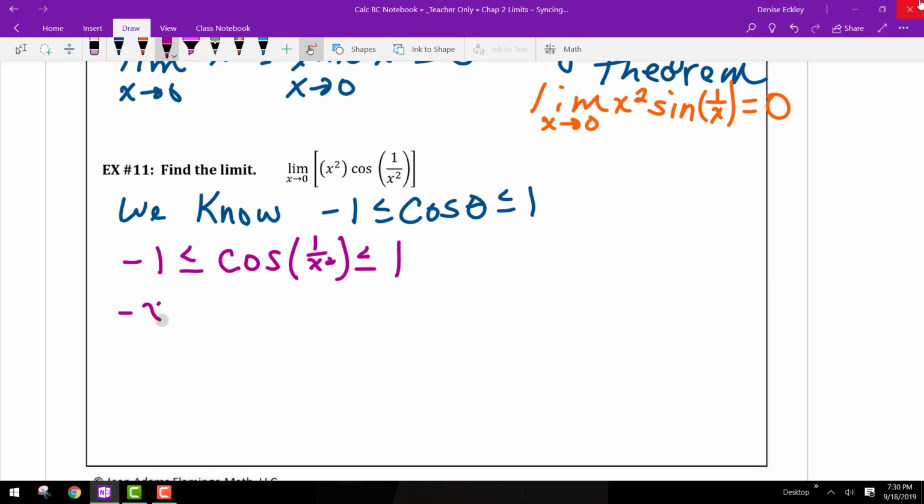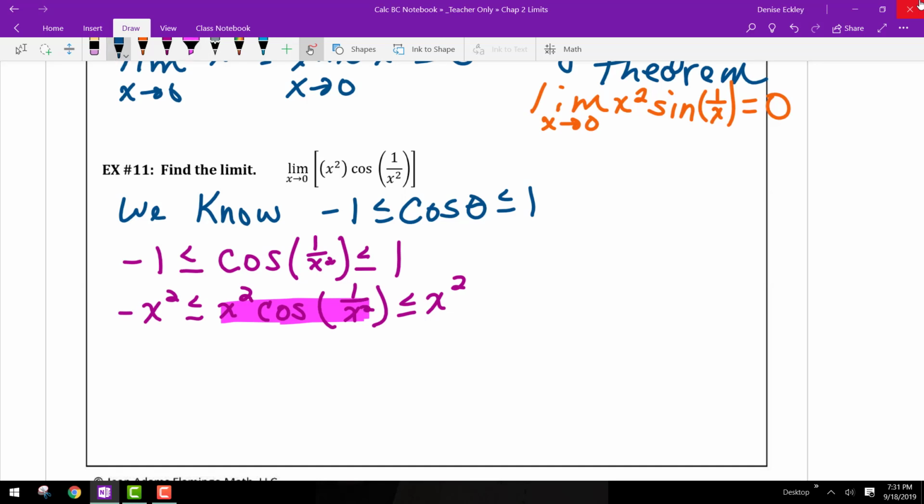And so we get -x squared less than or equal to x squared cosine 1 over x squared, which is less than or equal to x squared. Now we can make the same argument because we have the same idea. We have our function squeezed in between two well-defined functions, -x squared and x squared.